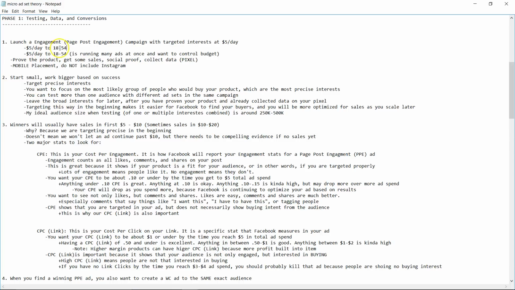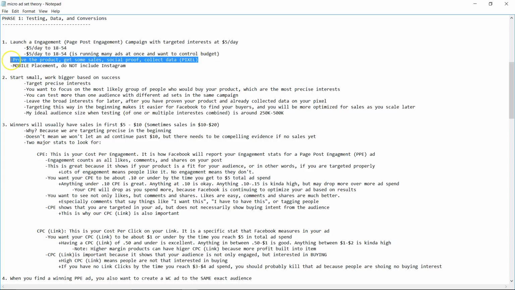So I keep it open to 18 to 21, even though 18 to 21 is not necessarily a great buying audience. They're a great engagement audience. So when I'm running an engagement ad just to test my audience, get some social proof, and collect some data, then I'm running it usually in that 18 to 54 range. And using whatever interest. I start precise, remember? So that's where we're going to be in number 2.